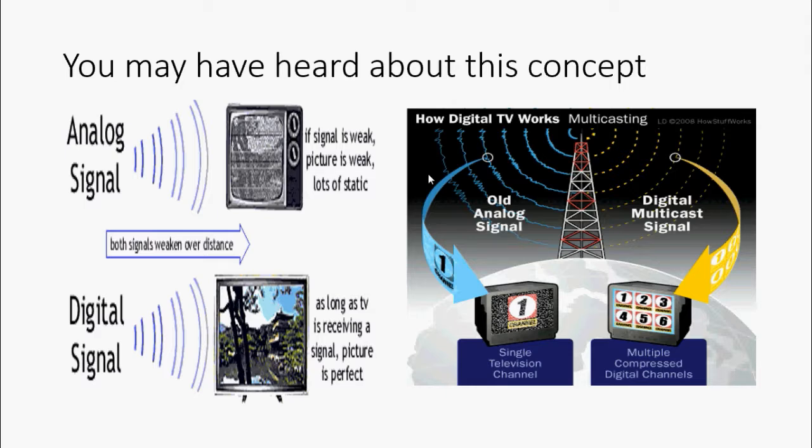Almost every country in the world today tries to convert from old analog signals to digital signals for broadcasting. The advantage of digital systems is that we can have multiple compressed digital channels on our TV set, while with the analog signal, we can have only one single television channel.